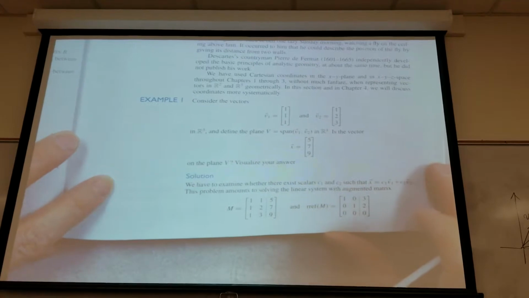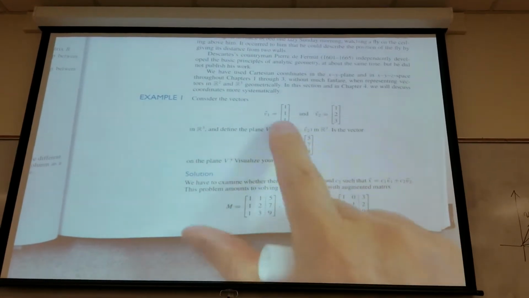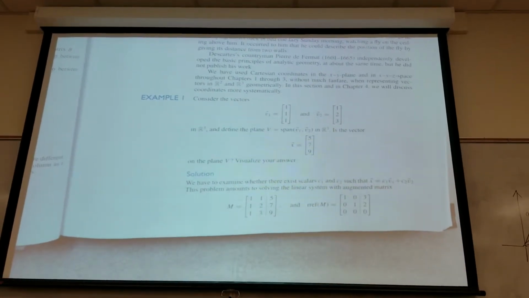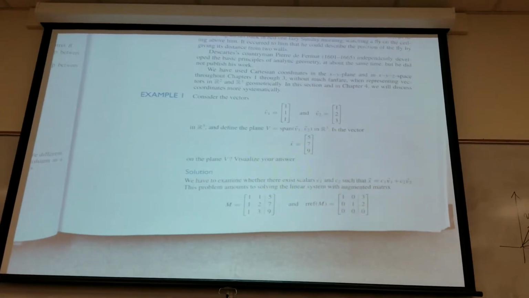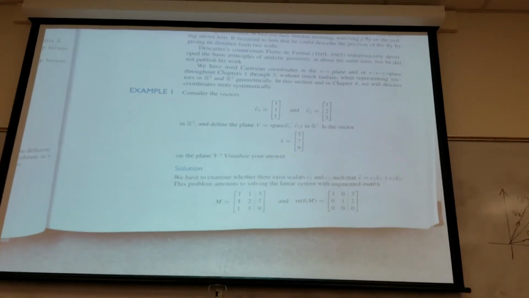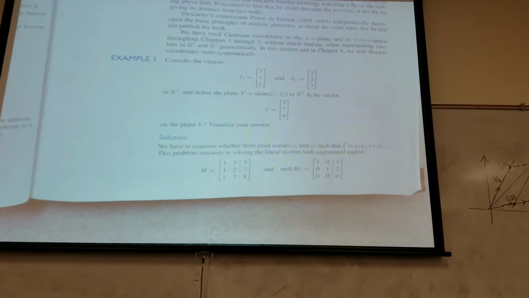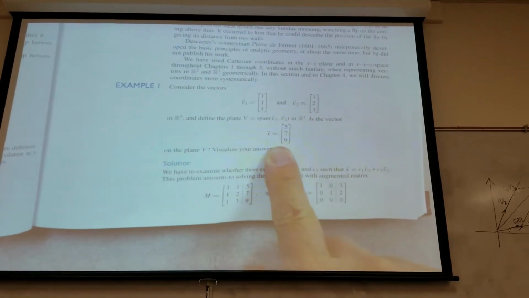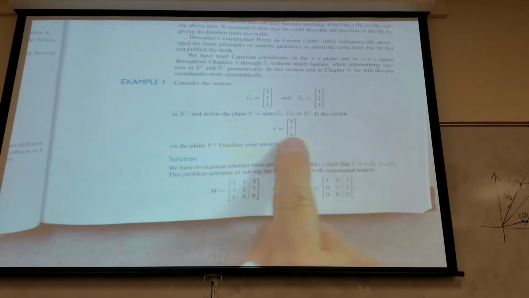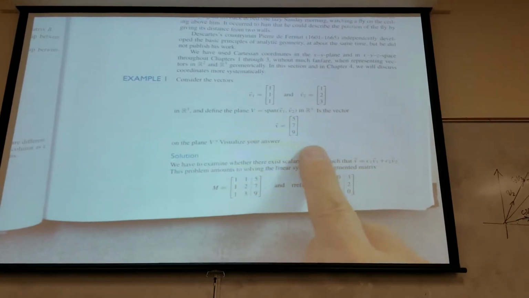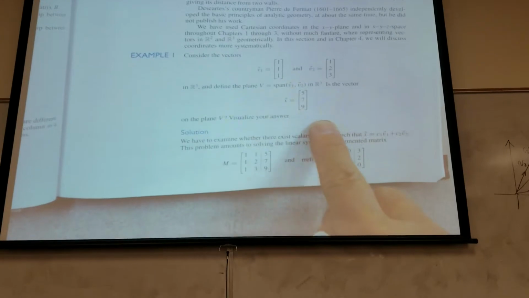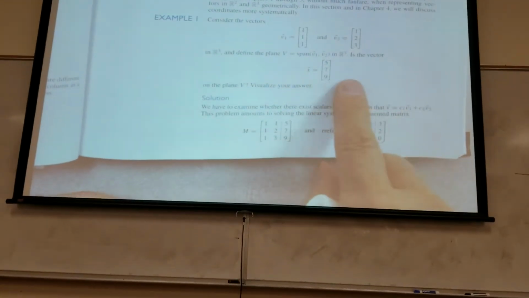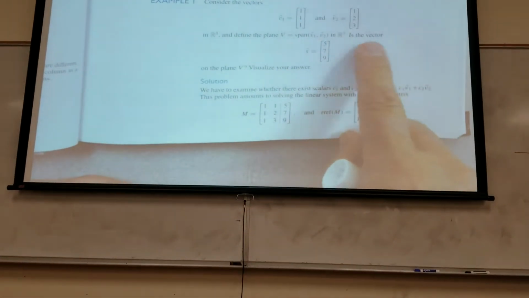So what is example 1? They give you V1, V2, which form a basis, okay? They are in R3. And then we want to find the coordinate vector of this given vector, 5, 7, 9. Well, we use x, but it is given in this case: 5, 7, 9.